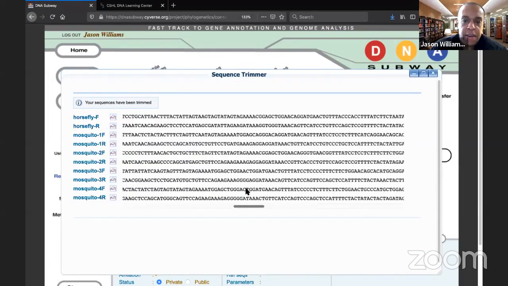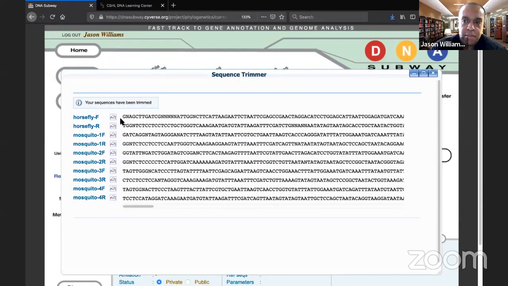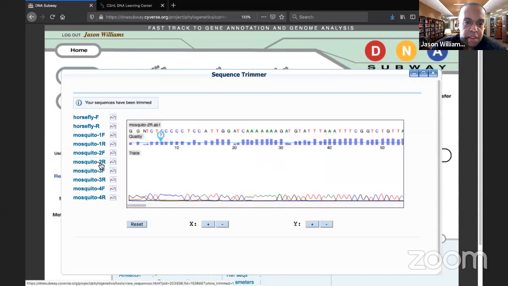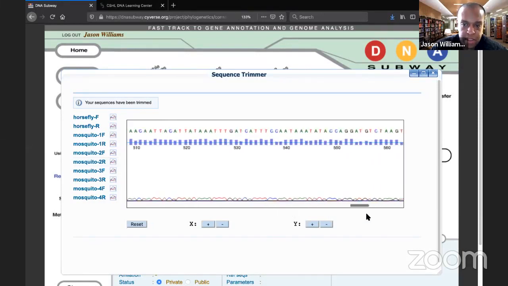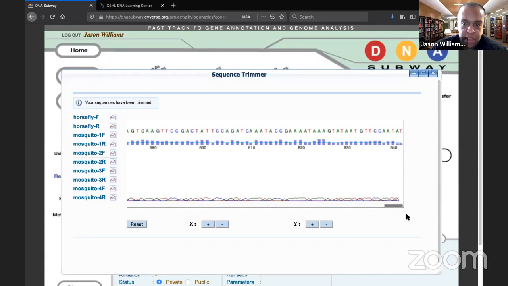It goes along until it finds a number of Ns, and when it hits a stretch of nucleotides that are of decent quality, it'll stop trimming. Now, if you look carefully, that's not perfect because there is an N here at the beginning, but it is better. As we go along a little bit further, we can see that it will do the same thing at the end, and we have decent but not perfect quality.